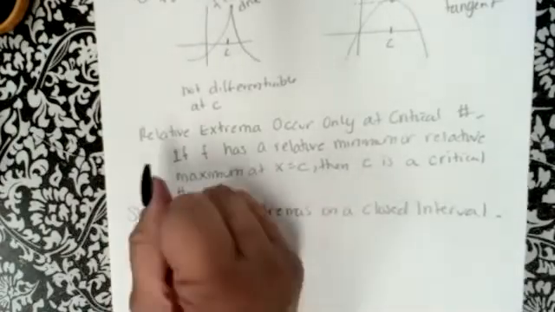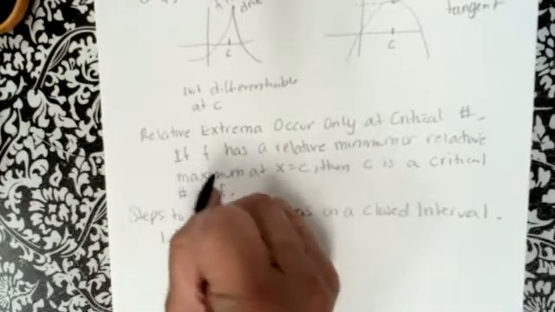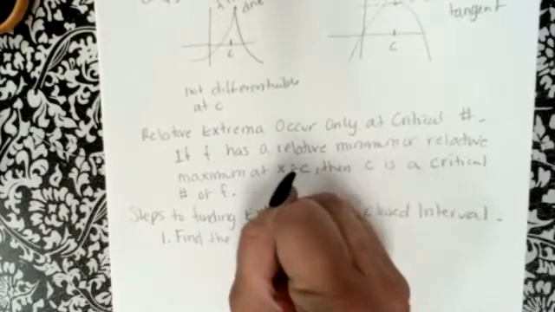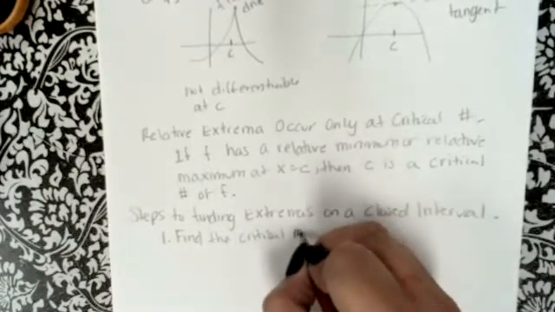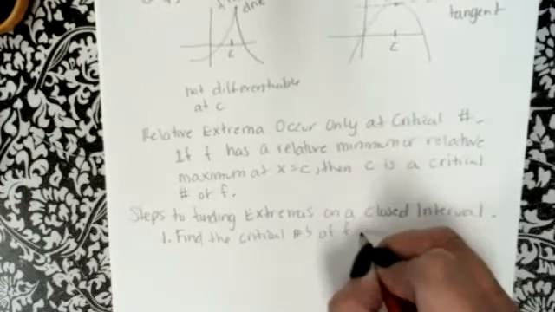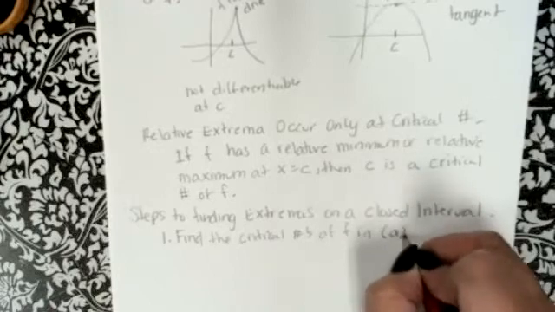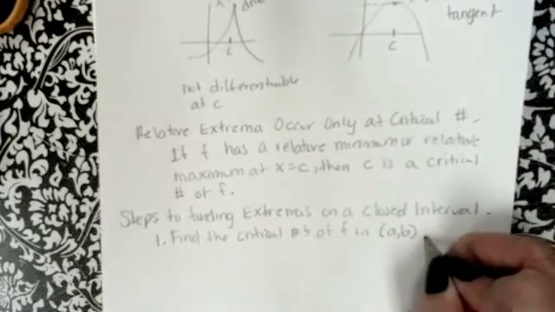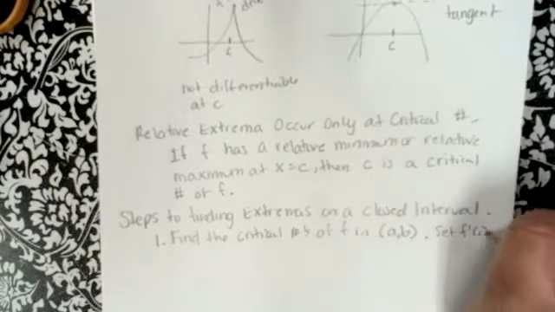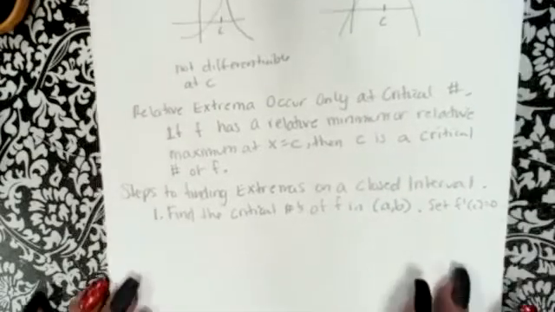The first step is to find the critical numbers of f in the interval from a to b. How do you do that? You set the derivative equal to 0.